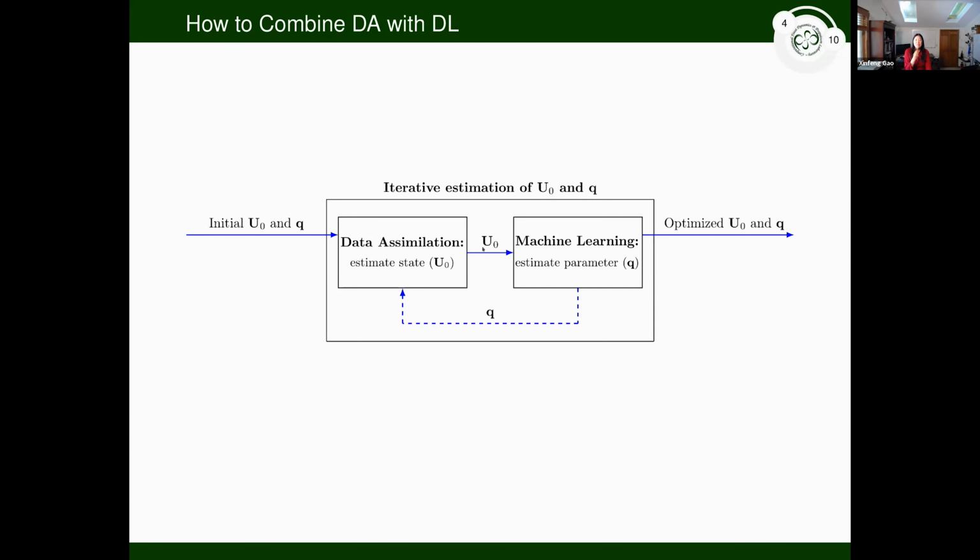This improved state will be fed to the machine learning algorithm, so it will learn the parameter. The learned parameter will feed back to the data assimilation component. This is an iterative process. Ultimately, we will optimize the state, the prediction, and the model parameter.